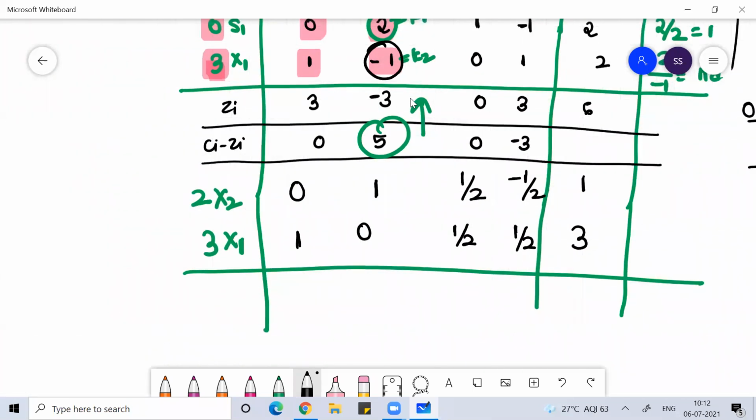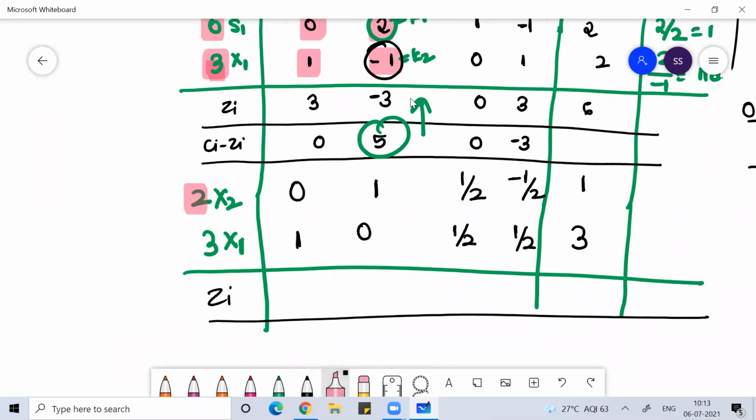Clear, everyone? Now once you get this value, find the zi value. 2 into 0 plus 3 into 1, what you will get is 3. Then 2 into 1 plus 3 into 0 would be equal to 2. Then 2 into 1 by 2 plus 3 into 1 by 2, so this will be 5 by 2.